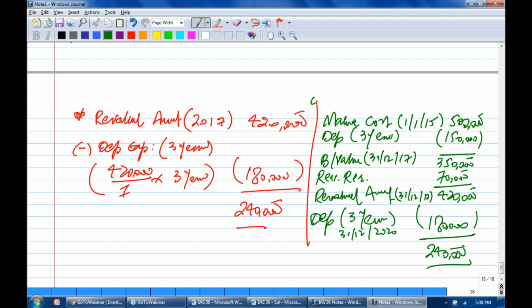So either work out with this revalued or with this cost model. Same points based on two workings. That's 2,40,000. So this 2,40,000 is the value as the asset had not impaired before.